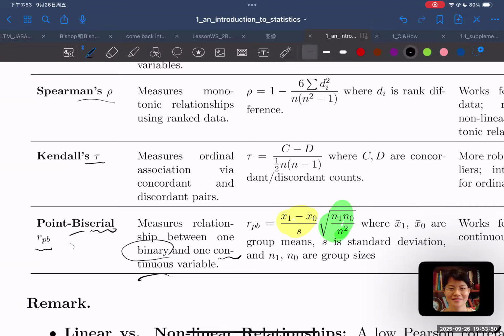And the next one, Kendall's tau. Here it measures association using concordant and discordant pairs. Tau would be the difference divided by a divisor. For this divisor, it seems like n choose 2. Here C and D are the concordant and discordant counts.